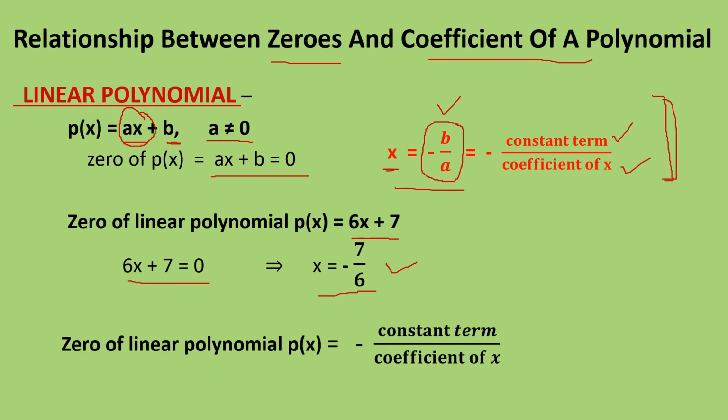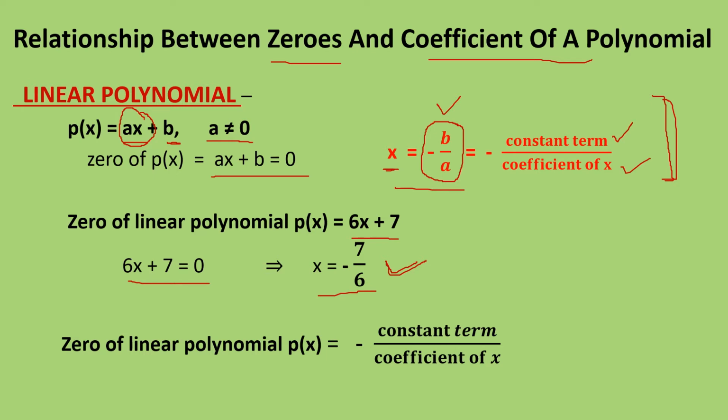We know x, or the zero of the polynomial, is equal to minus the constant term divided by the coefficient of x. Okay, the two ways we are finding the zero. First way, by equating the polynomial to 0, and after that we get the zero as -7/6. Now we will find the zero of the linear polynomial with the coefficients of the polynomial, and then we will see whether both are the same or not.